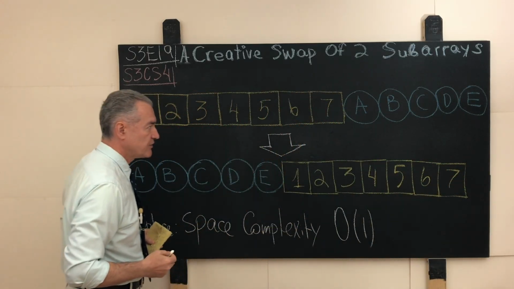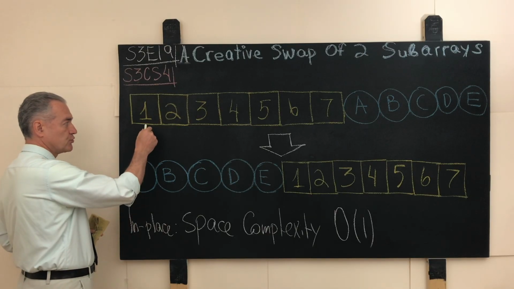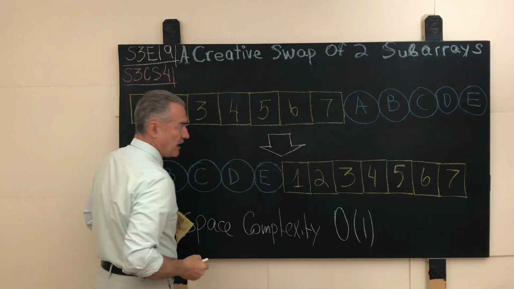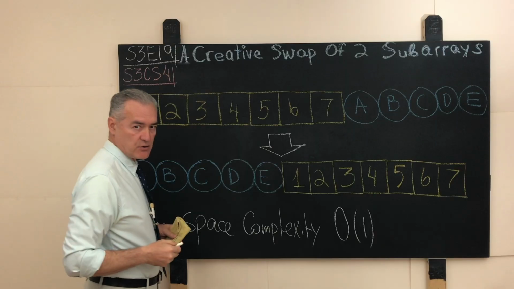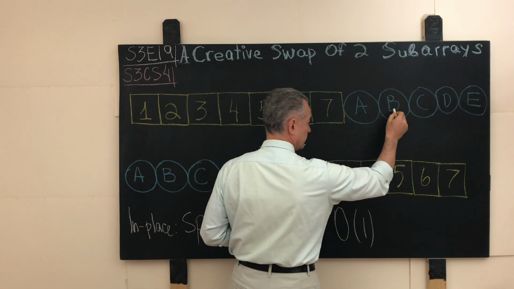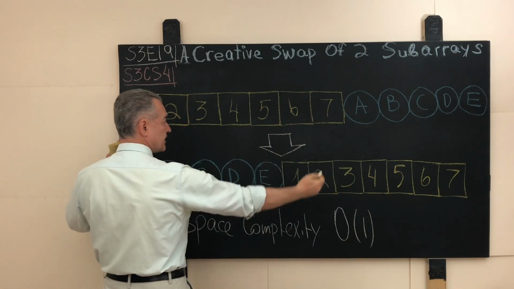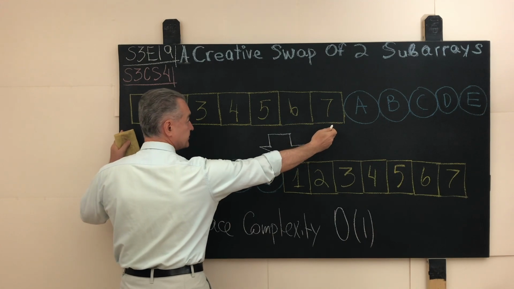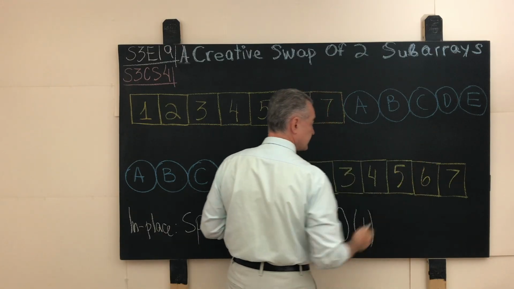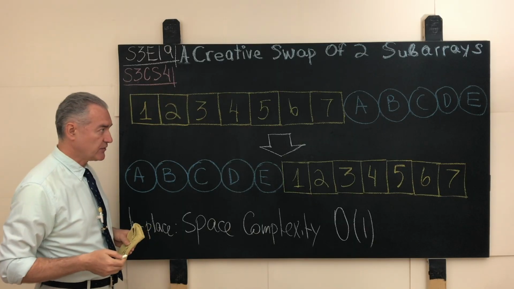The left subarray is represented by yellow squares whose contents are 1, 2, 3, 4, 5, 6, 7, and the contents of the right subarray are represented by blue circles whose contents are A, B, C, D, and E. Consequently, the size of the left subarray is 7 elements, the size of the right subarray is 5 elements, and the overall size of this array is 7 plus 5, which is 12 elements.